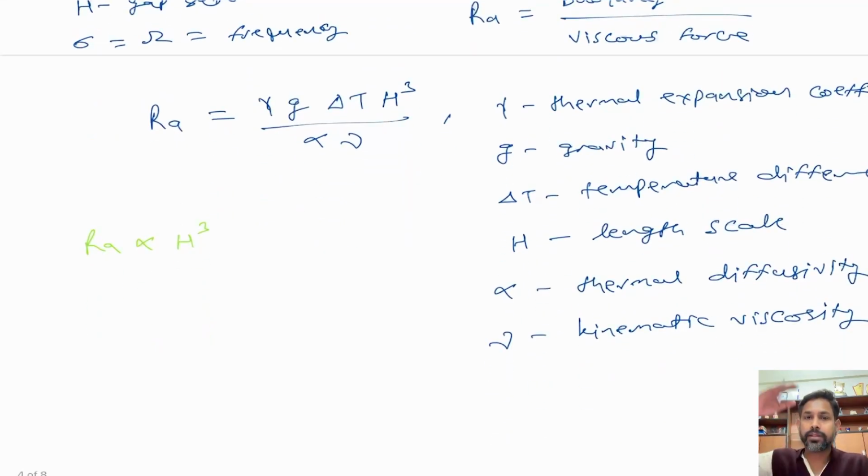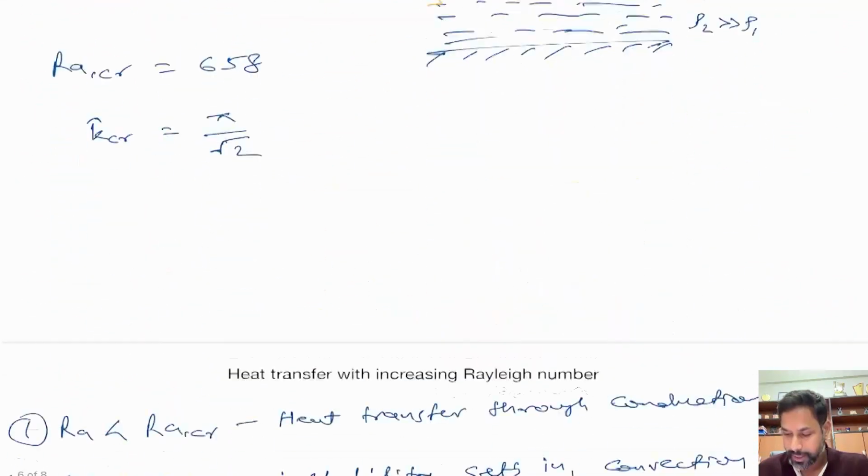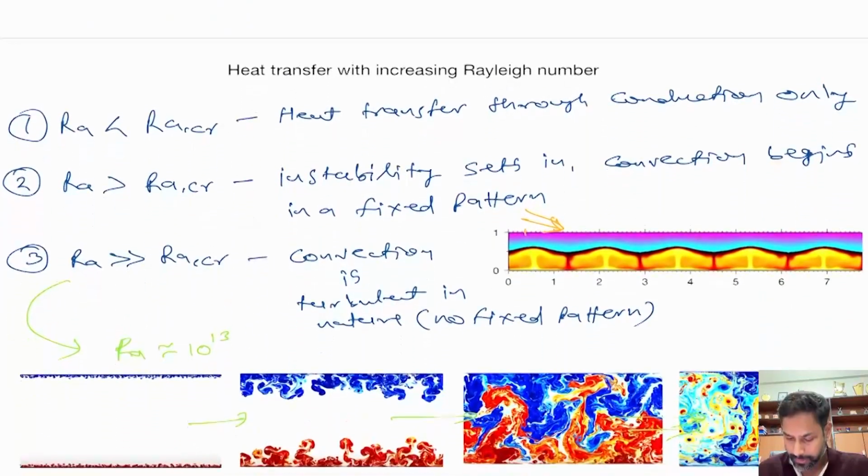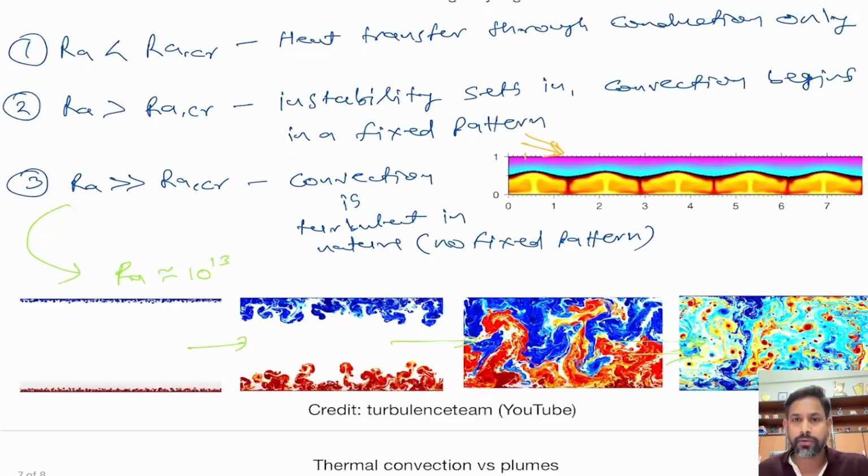If you consider some length scale, it becomes extremely large, because length scale is something that we consider in range of several meters or maybe 100 meters as well, right, whereas alpha and nu are generally very small, and that is why Ra in general for any convection is extremely large, and that's why in most of the fluid cases we see heat transfer happening in form of turbulent flow without much fixed patterns.